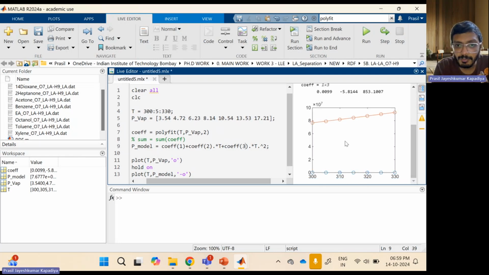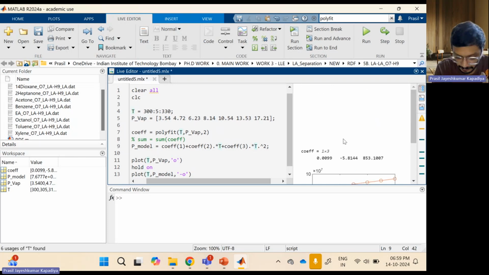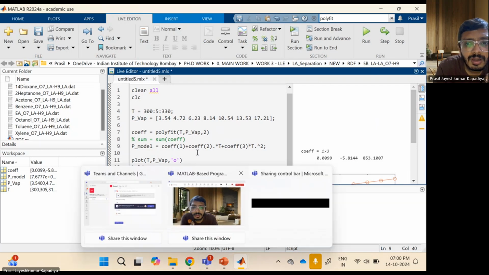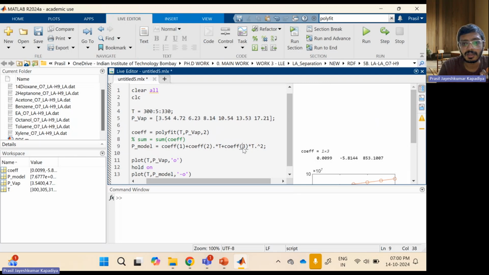See, the model is completely off. It's not at all matching. Yeah, okay. We have made one mistake. Okay, so this is how it takes the model. Okay. It is our mistake.